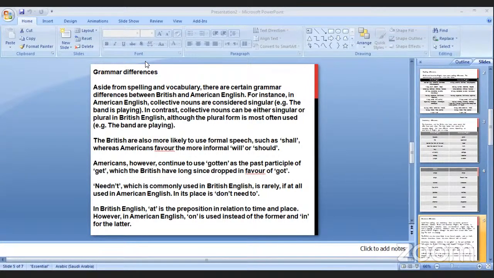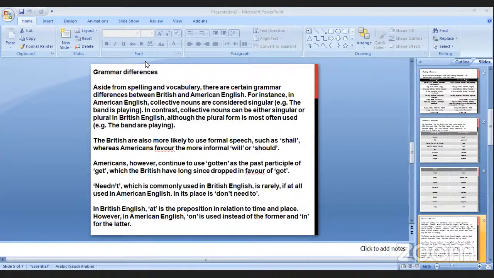The British are also more likely to use formal speech, such as shall, whereas Americans favor the more informal will or should. Americans, however, continue to use gotten as the past participle of get, which the British have long since dropped in favor of got.